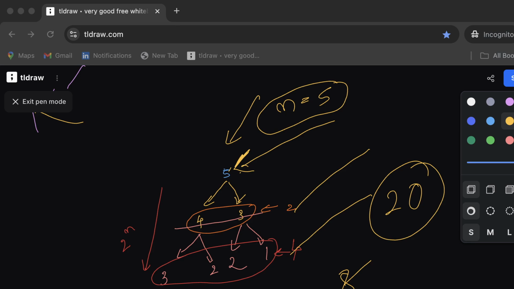Then suppose I need to make 3 power n. I guess he's saying for each function call we need two things to execute, right?